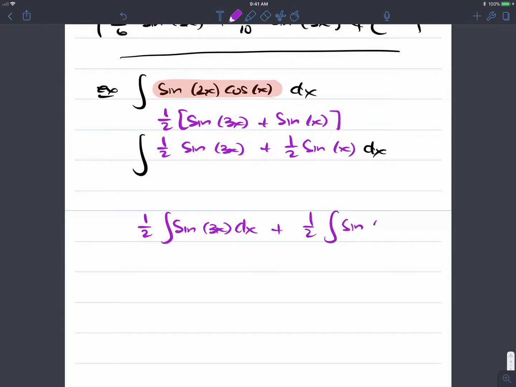One-half integral of sine x dx. So the first integral, u sub, where u is going to be 3x, du is 3 dx, or dx will be du over 3.